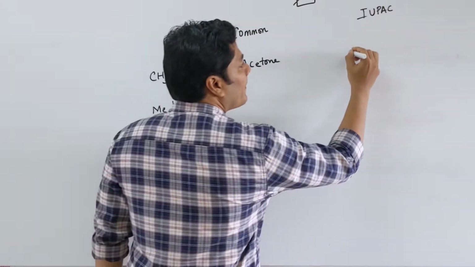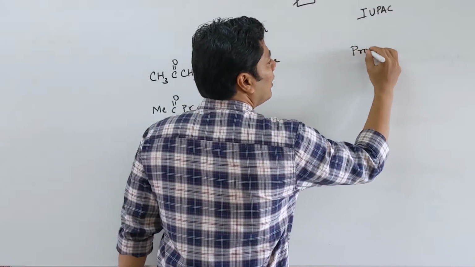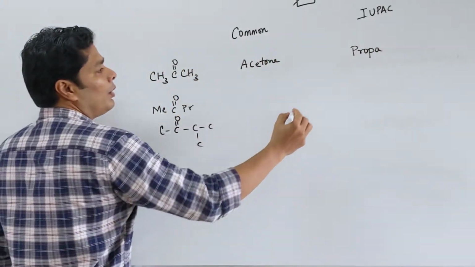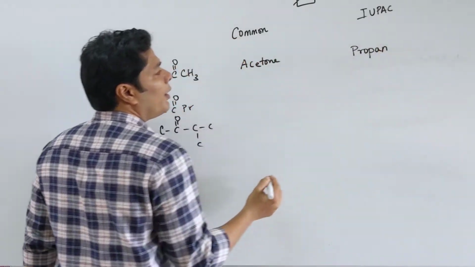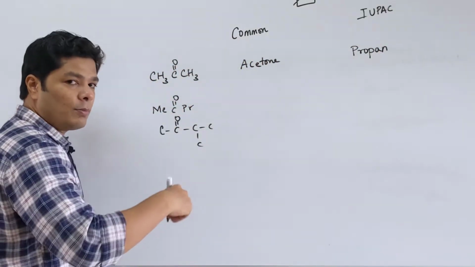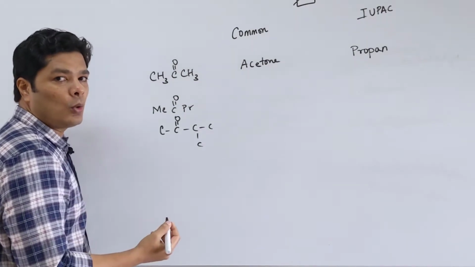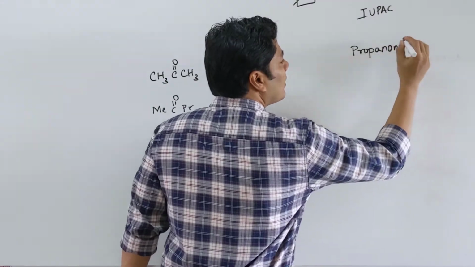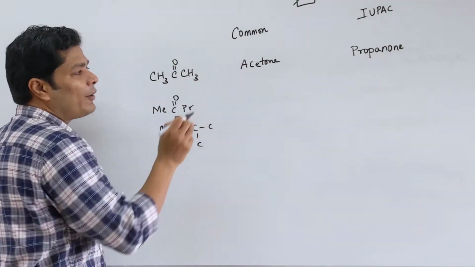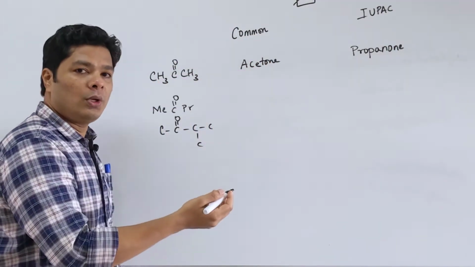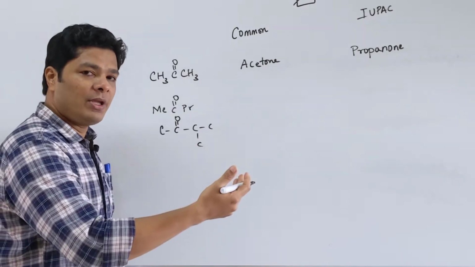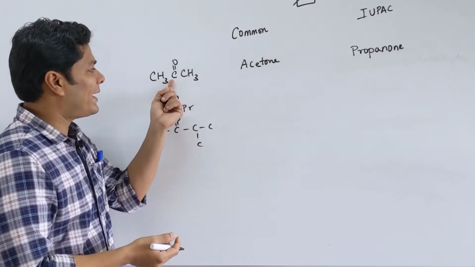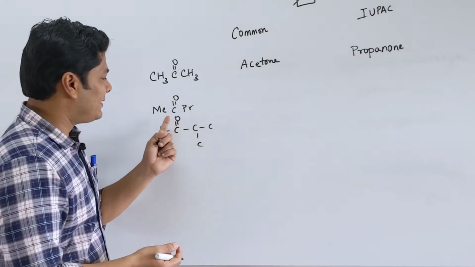So I have a derivative of propane, I drop the E and then I do ONE, ketone. And here I have the position 2. I don't have to say propan-2-one, or 2-propanone, the reason being there is no other position you can have the C double bond O. So hence it is simple.